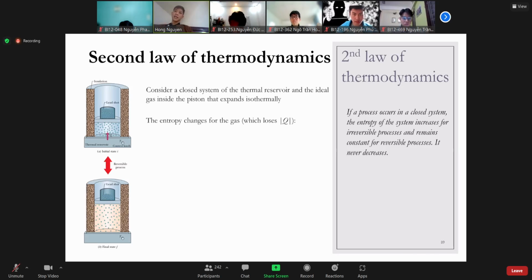We can easily calculate the entropy change for the gas, which loses the heat. This one is the entropy change for our gas. Now we can calculate the entropy change for the reservoir, which gains the heat.